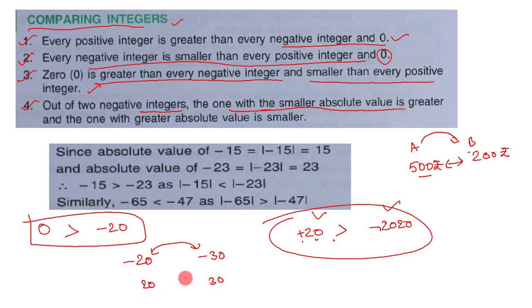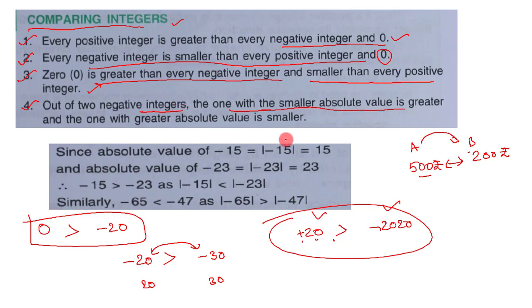Which number has the smaller absolute value? That is minus 20, so this is the greater one. Whenever you compare two negative integers, the smaller absolute value is greater, and the greater absolute value is the smaller one.